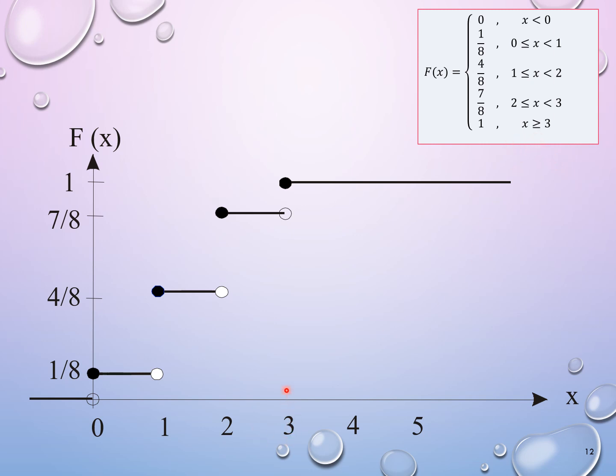This is 3. It says here greater than or equal to 3, so you just draw a straight line over here without ending. That's all for your cumulative distribution graph.